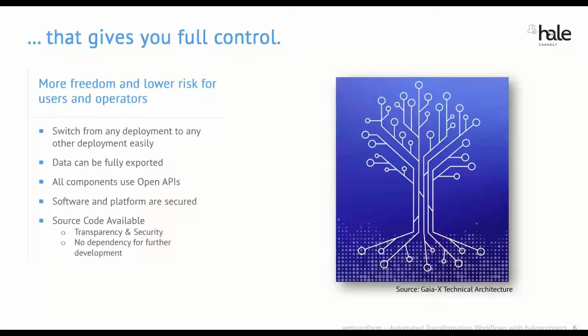Also, security for your data and your assets is critical to us. Yearly security audits and pen tests will be done regularly. If needed, you can also access the source code of Hale Connect and verify it, and beyond that, you can also edit it. So finally, there's no lock-in into an application or deployment method because all data can easily be transferred and because of the use of open APIs.